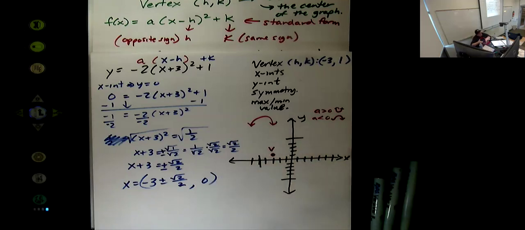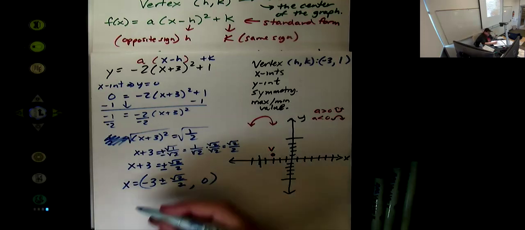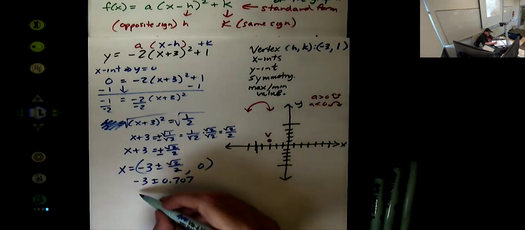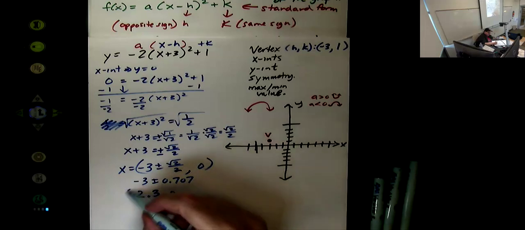That's not really graphable though, is it? So we're going to want to find a decimal at this point. Where is my calculator? That's not it. So -3 plus or minus 0.707. I'm going to have -2.3. We'll go to 1 decimal place.